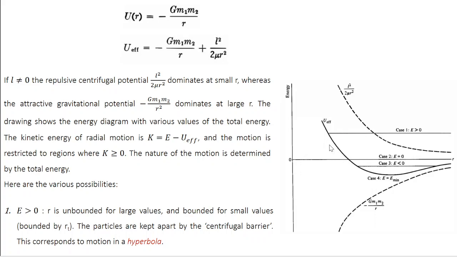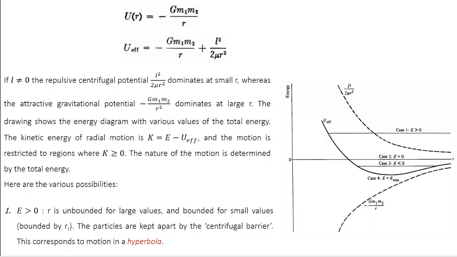As we have seen in the previous case, you can bring them up to a particular point. Beyond that, you cannot take them closer because the centrifugal barrier, the centrifugal potential, is going to act against it. And this motion, if you look at the trajectory of the particle in this particular scenario, the trajectory corresponds to a hyperbola. We will discuss more about the trajectory in the next class.